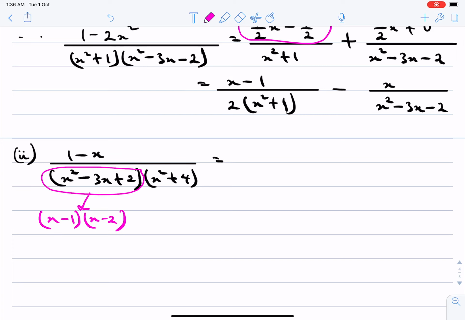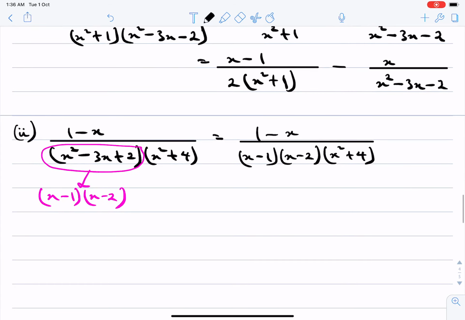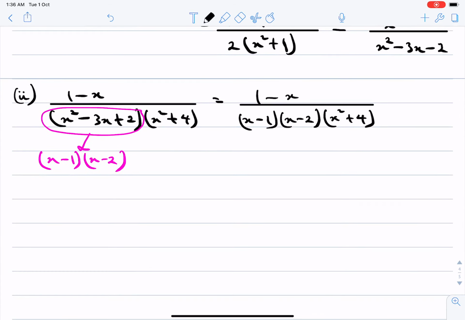So that means we can rewrite the compound fraction as 1 minus x divided by x minus 1 times x minus 2 times x squared plus 4. If the denominator is factorizable, the first thing you do is factorize it. Now, there are 2 linear factors and 1 non-factorizable quadratic factor. So we can resolve simply.